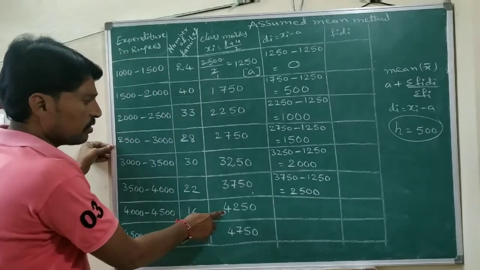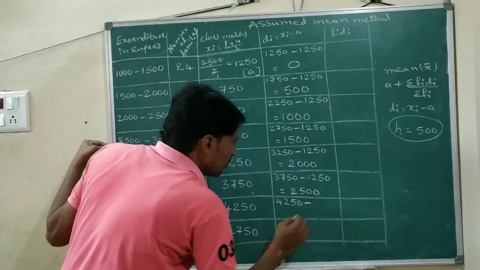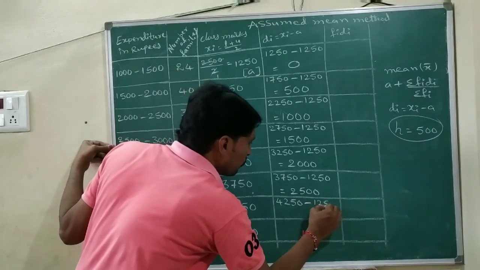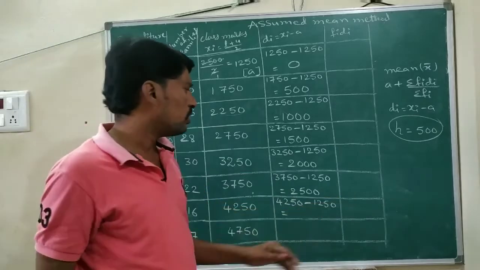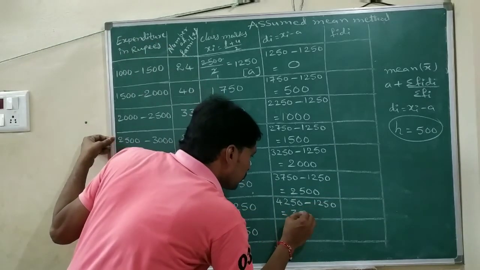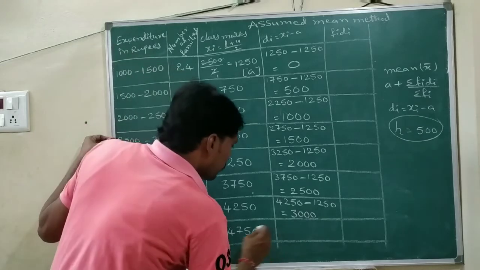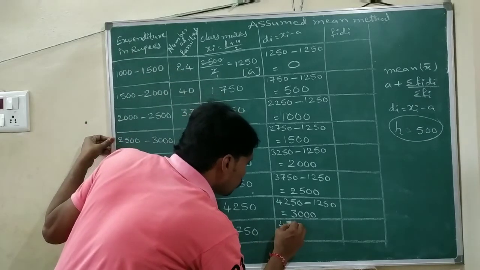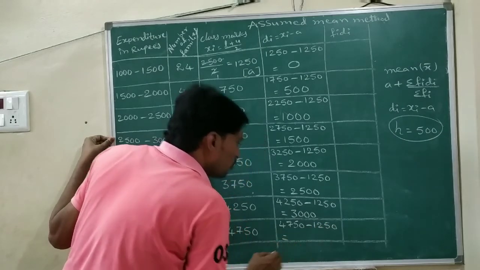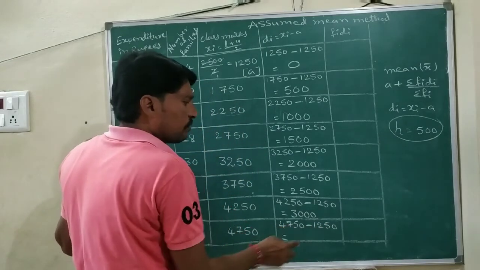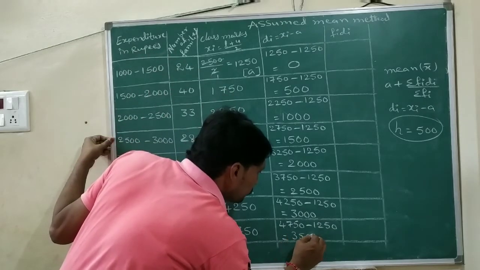Next class mark is 4250 minus 1250, we get 3000. The last class mark is 4750 minus 1250, we get 3500.